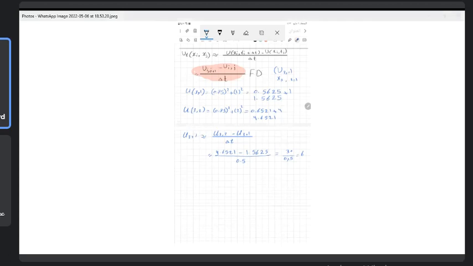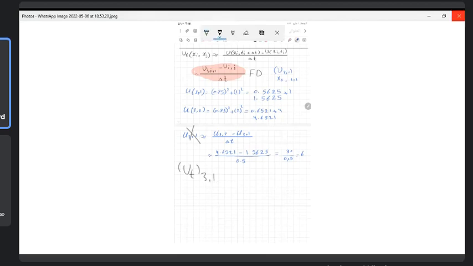We have U because we have the formula for U. We are trying to find UT with the indexes 3 and 1.